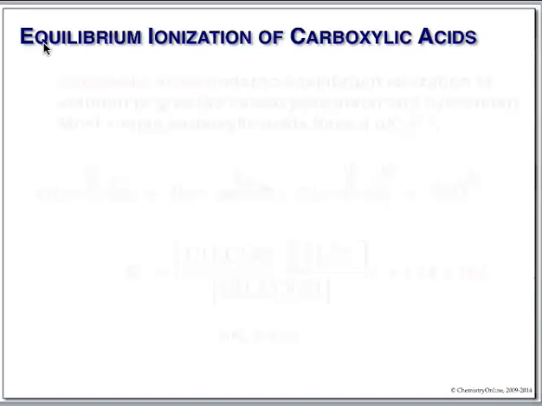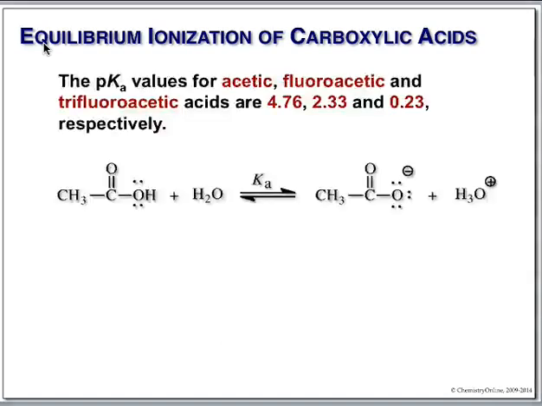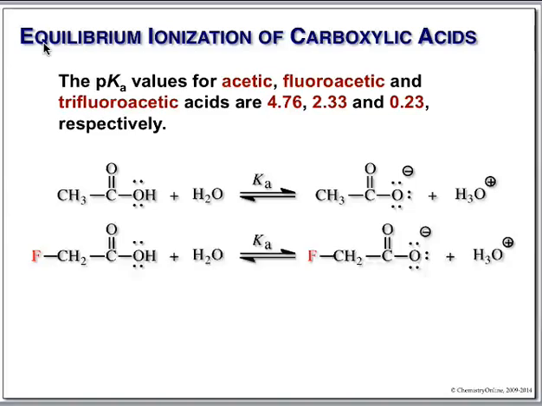Now let's look at substituted carboxylic acids just to strengthen this. This is acetic acid. And like we said, the pKa is about 4.76. If we add a fluorine here instead of a hydrogen, we get fluoroacetic acid.